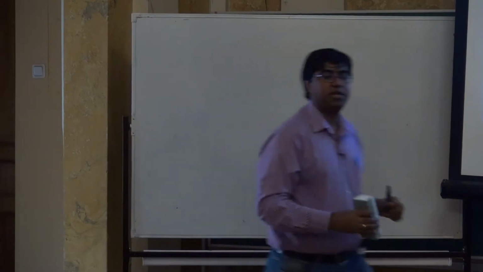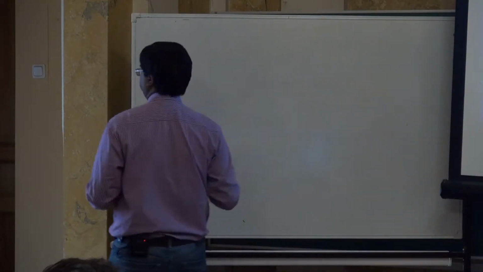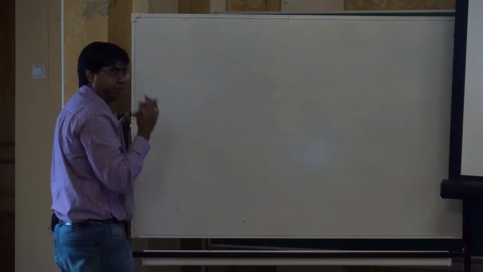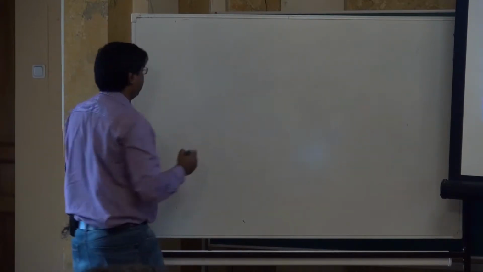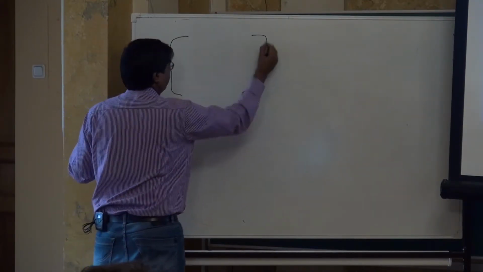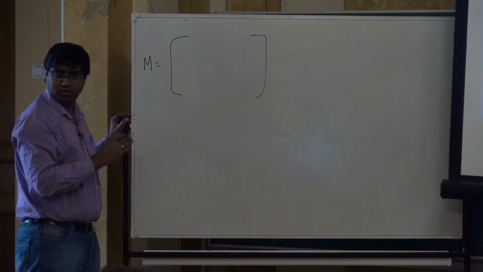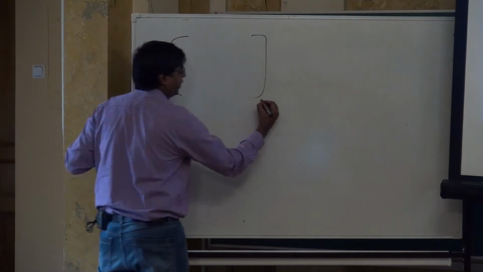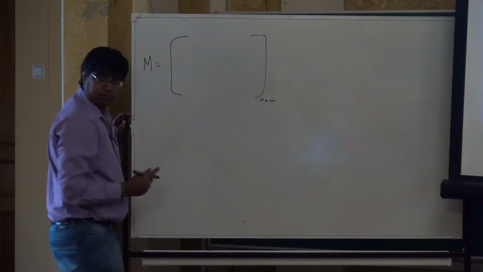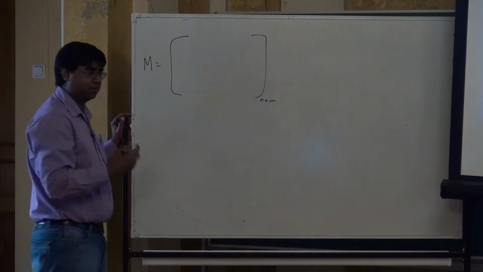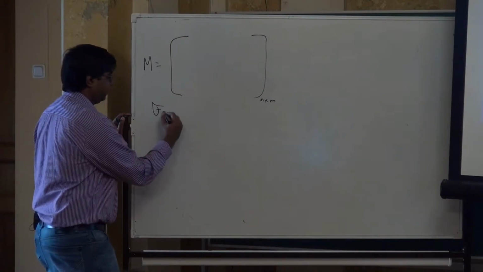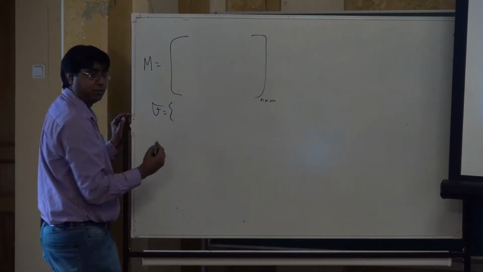Okay, let me tell you what Lovász proved. I have a matrix M of size n cross n. Now, I have a family F. I'll tell you what these families are.